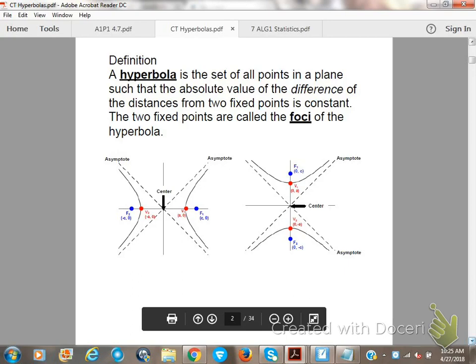The two fixed points are called the foci of our hyperbola. And again, you can have a hyperbola that opens left and right or up and down. We still have foci, we still have vertices, we still have a center, and now we also get to have asymptotes.